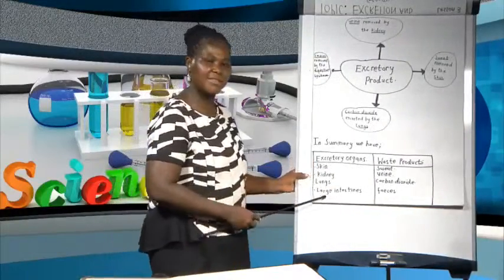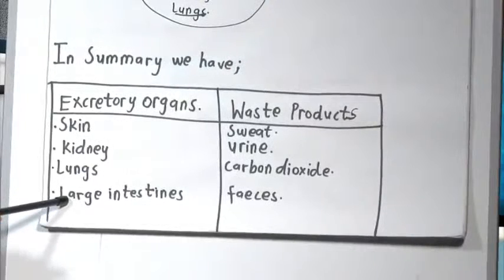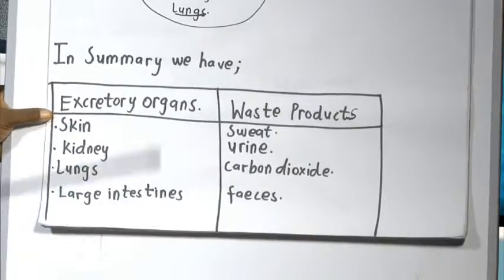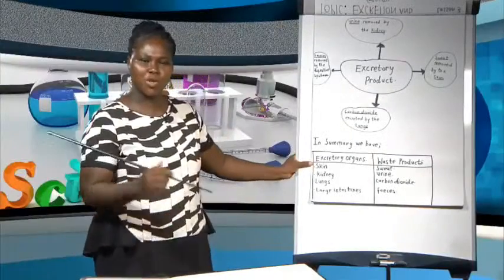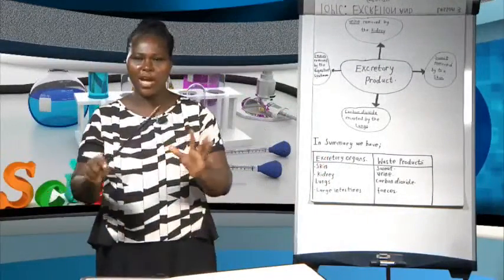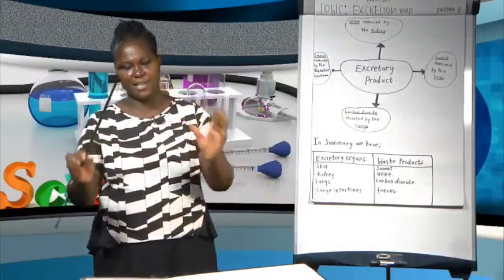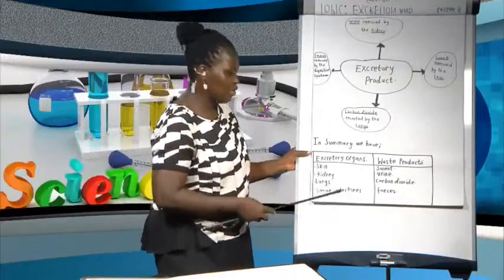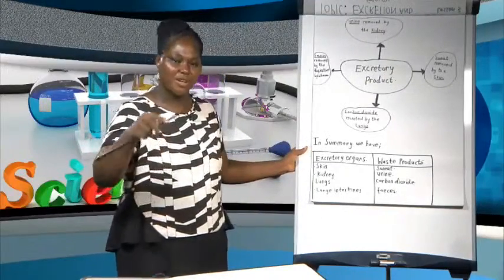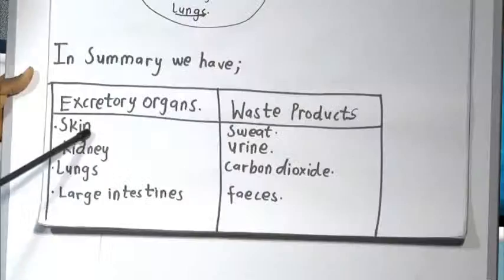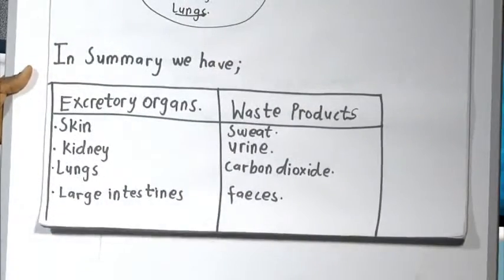So when we look at this in summary, we have excretory organs and the waste products that they excrete. We have the skin. In our previous lessons, we saw that the skin is the largest sense organ. If you look at the human body, all the parts are covered by what? The skin. And the skin is also an excretory organ. Its waste product is what? Sweat. So when you sweat, it's a waste product.